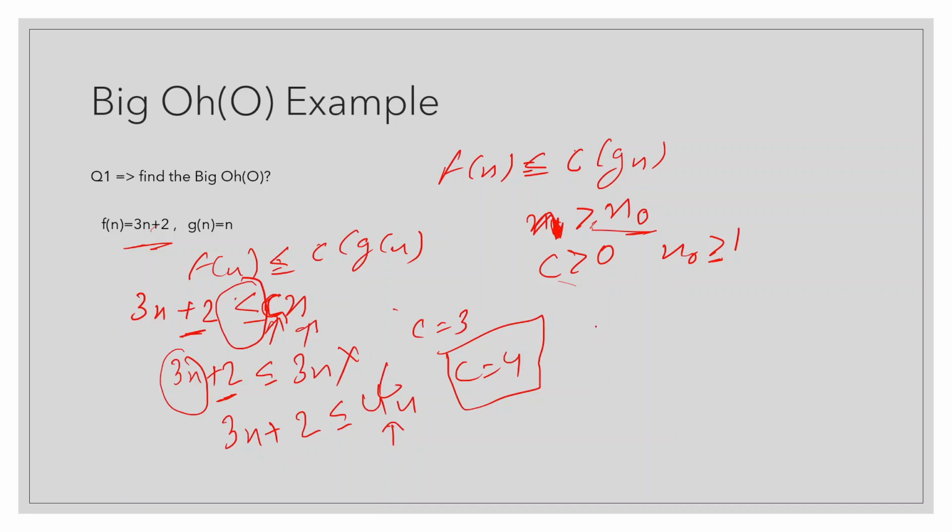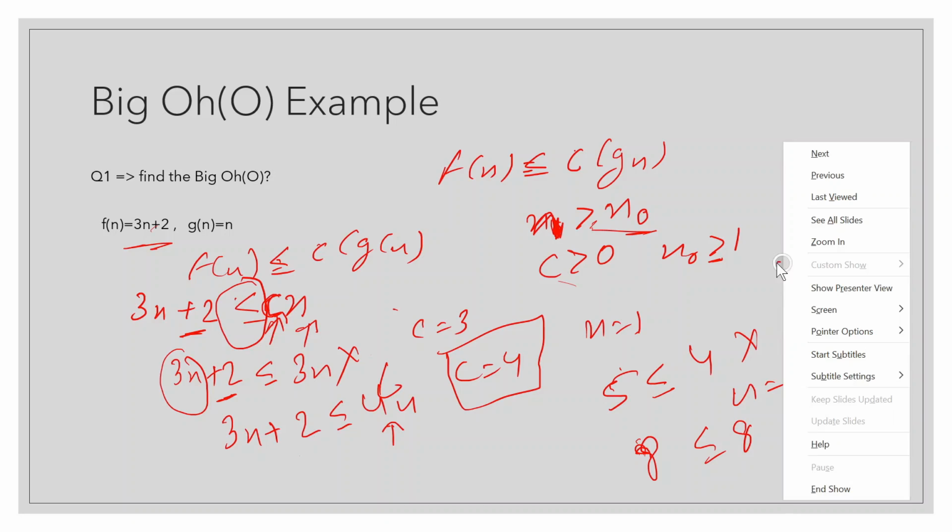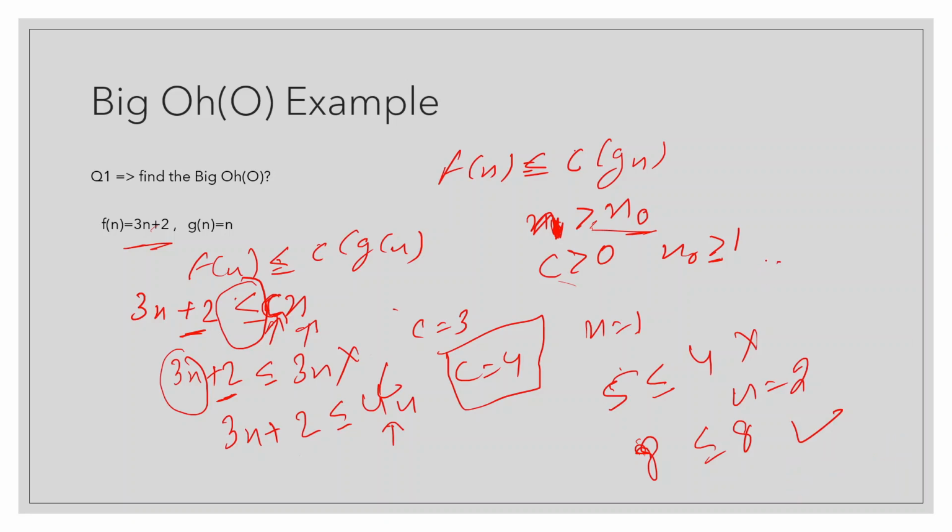Let's put n equal to 1. If n is equal to 1, is 4 less than or equal to 4? That is f(1) is 4 and c times n is 4. Next n equal to 2, then 7 is less than or equal to 8. Yes, here it is right. Now put 3: 10 is less than or equal to 12. Yes, the condition is satisfied.